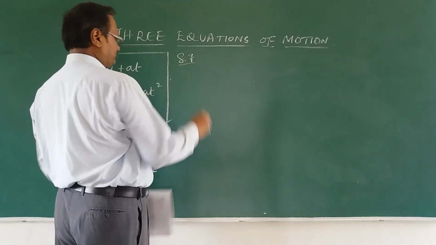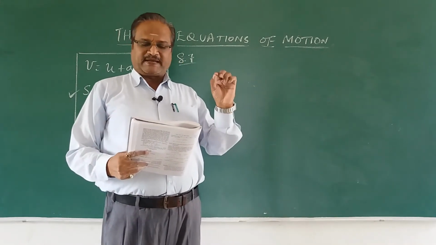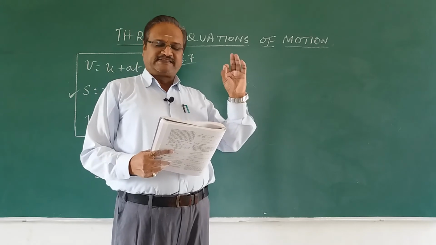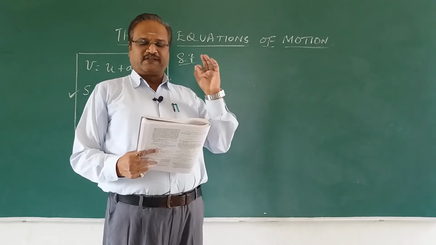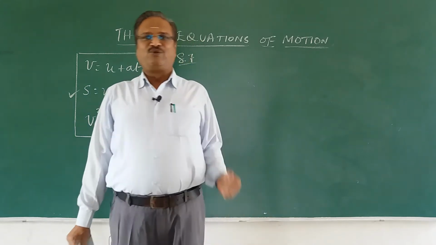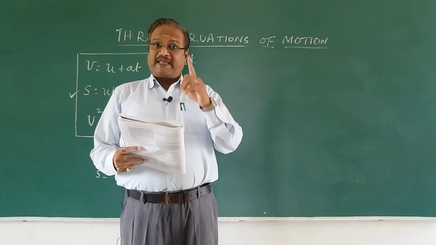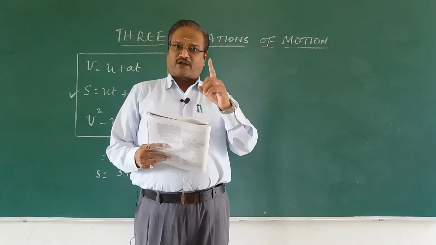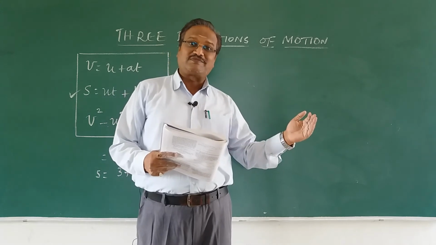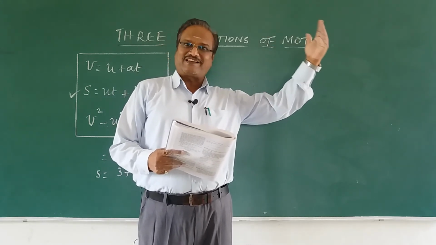This is example 8.7. The brakes applied to a car produce an acceleration of 6 meter per second square. Look at this statement, very strange. The brakes applied to a car, what will happen? The car will slow down, and that is not acceleration, it is negative acceleration.